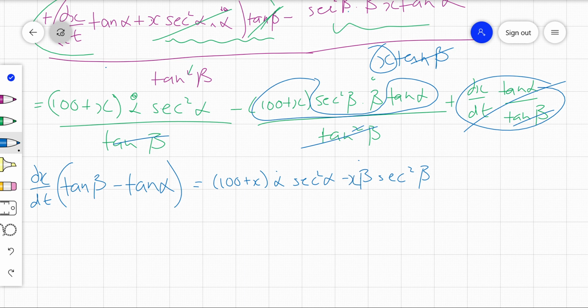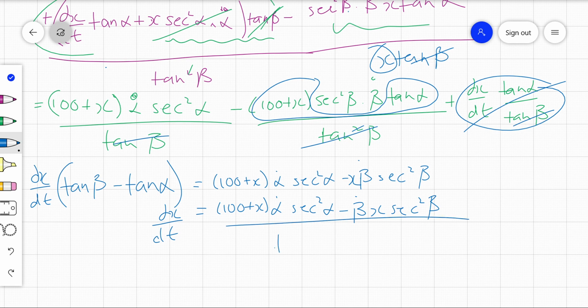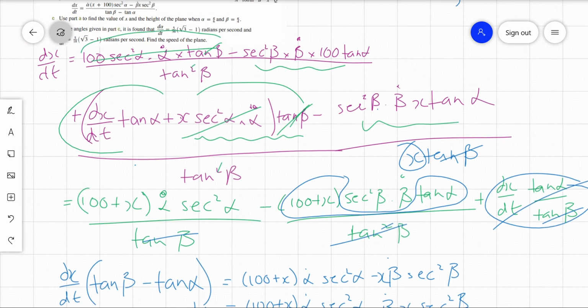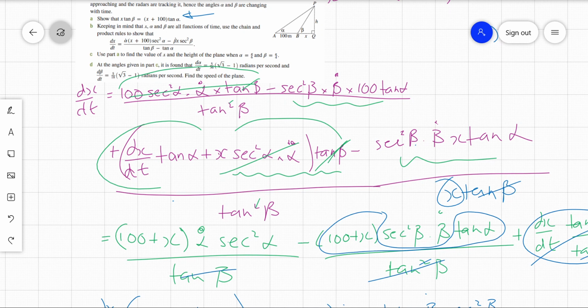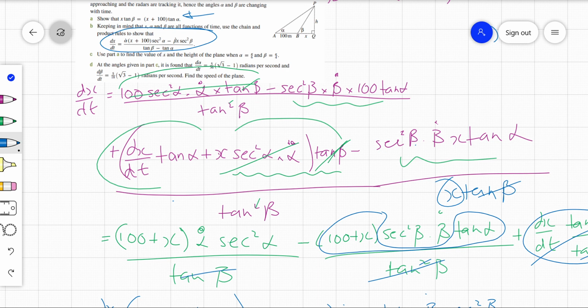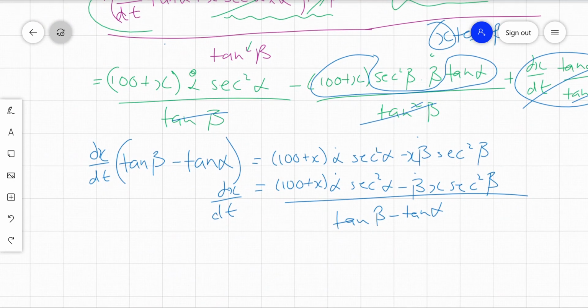All right, so then if I just want dx to t, I'm going to take that 100 plus x alpha dot sec squared alpha minus that b dot x sec squared beta and divide it by tan beta minus tan alpha. I think that gives us what they asked for up here. So this is what we're heading towards. So we got that. All right, so it's a bit of work, but we got there.